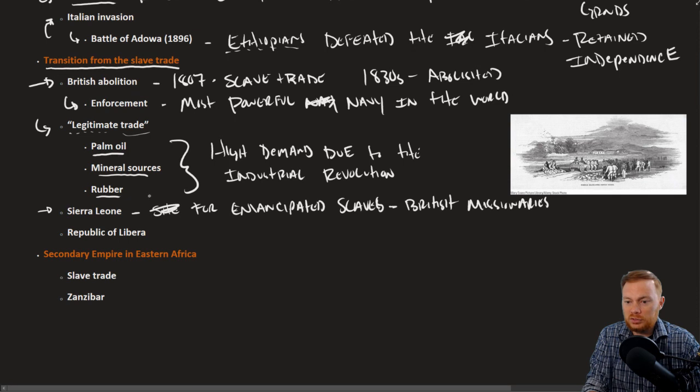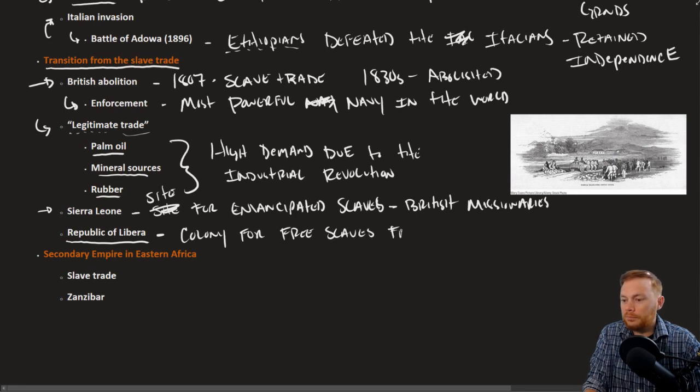And the Republic of Liberia was a colony for free slaves from the United States. So those slaves who earned their freedom or bought their freedom or became free settled in Liberia, which became a colony for freed slaves there.